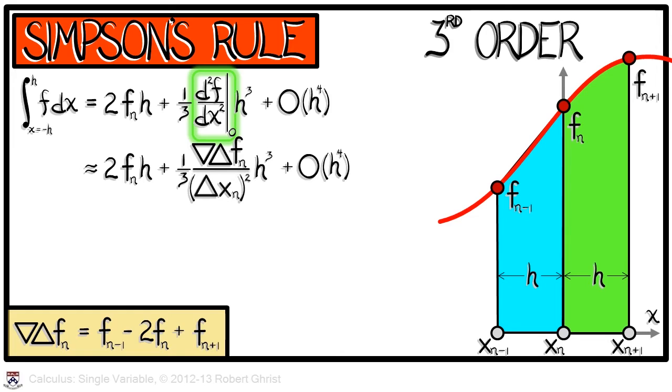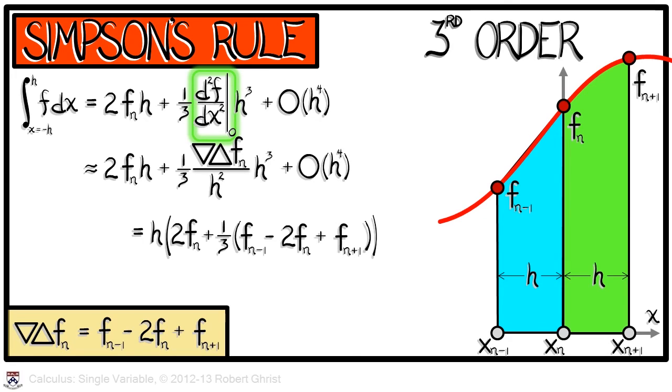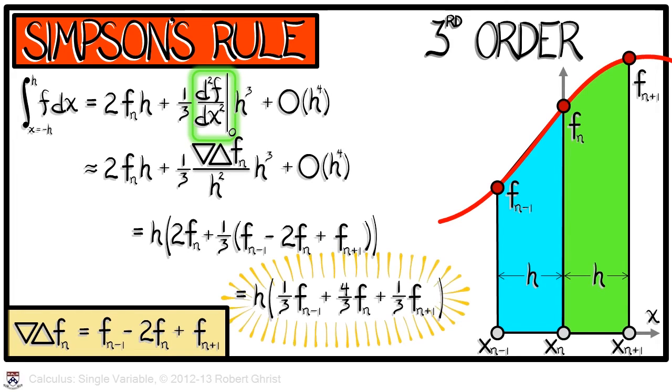Of course, that delta x is our uniform step size, h, and so we get an h squared in the denominator. Applying the second central difference, we obtain, after a little bit of algebraic simplification, an estimate for the integral from negative h to h as h times the quantity 1/3 f_{n-1} plus 4/3 f_n plus 1/3 f_{n+1}.